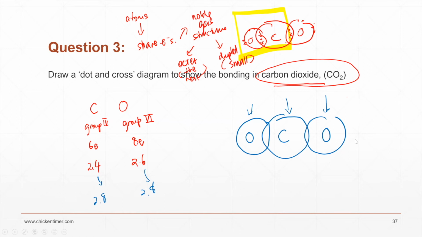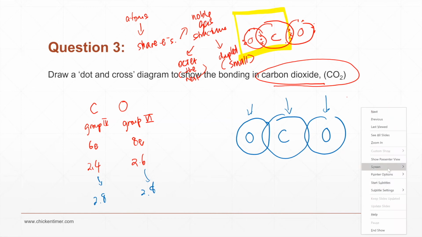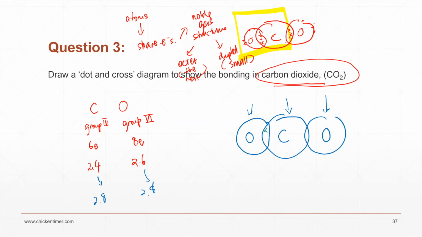So start with carbon. Carbon has 4 electrons in the outermost shell. In order for it to get 8 electrons quickly, that means it would have to share all 4 electrons that it has in the outermost shell.